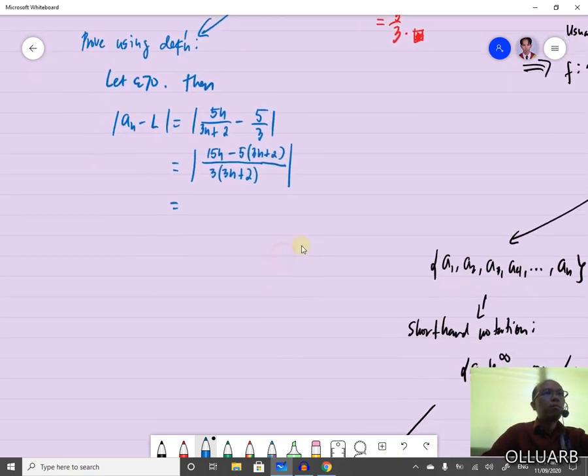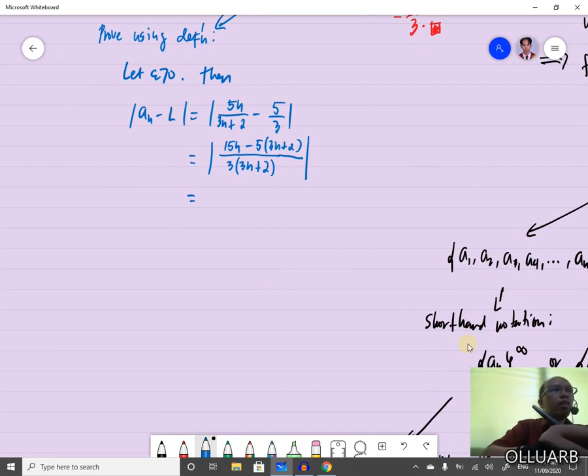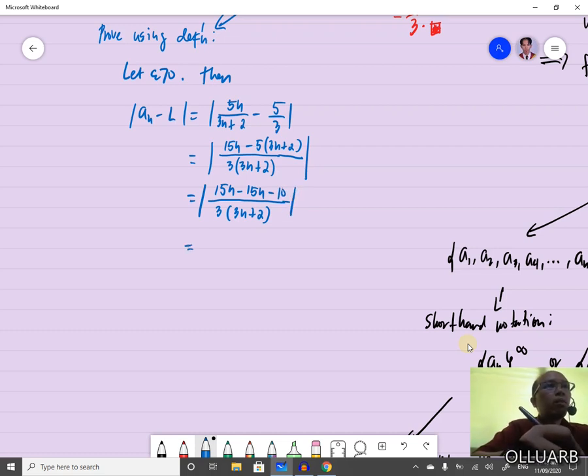Then if you further simplify this, it becomes 15n minus 15n minus 10 over 3 times 3n plus 2. The 15n terms cancel, so we have negative 10 over 3 times 3n plus 2.